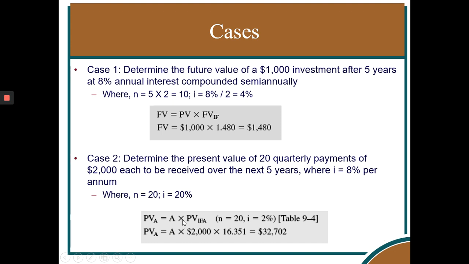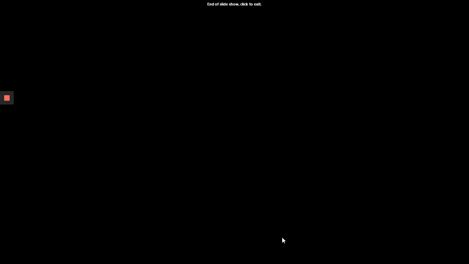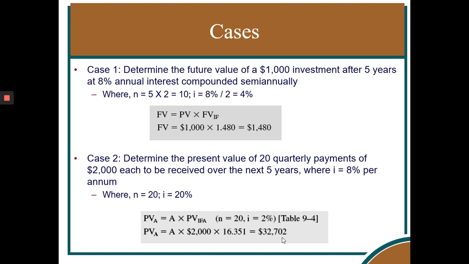So 2000 times 16.351 is your present value annuity. Here it is supposed to be just 2000 times 16.351, so the answer is 32,702. So that would be the example. With that, we are completing the time value of money chapter. All right, thank you.